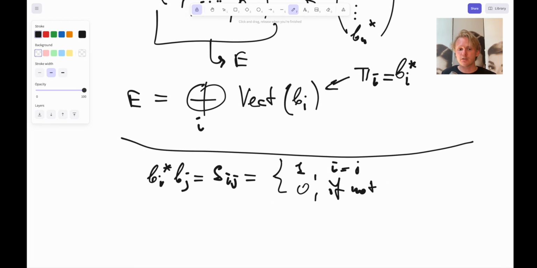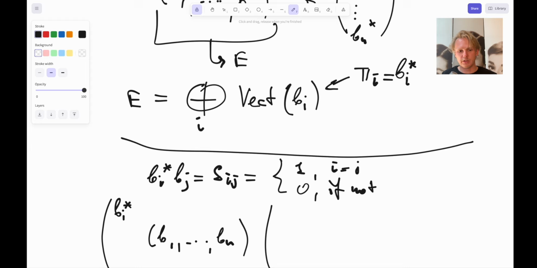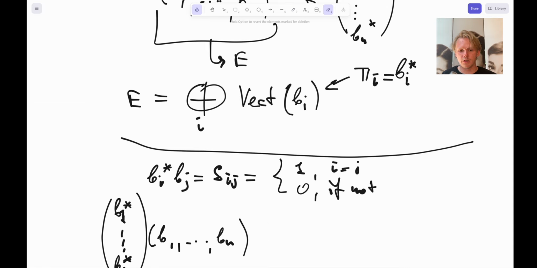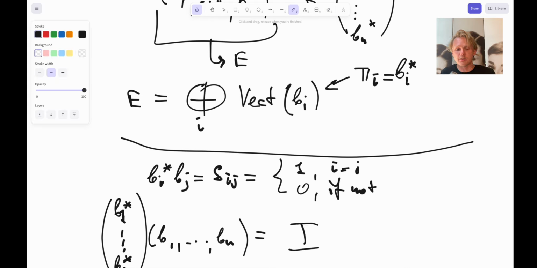And if we write it in matrix form, we take b1 ... bn multiplied by a column, and we write the dual elements on the left side, b1 star ... bn star, and if you do the multiplication, line by column, what you get is the identity matrix, right? So it's an alternative way to write it, and the way we'll write it is b star times b is an identity matrix. Great.